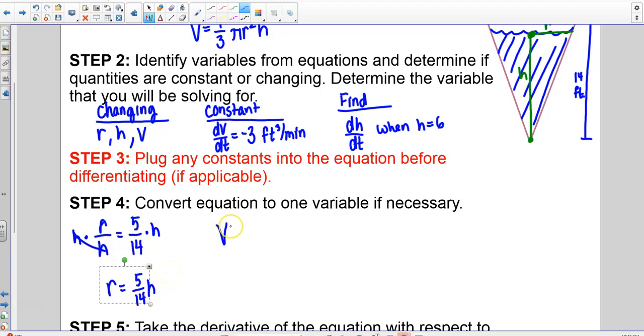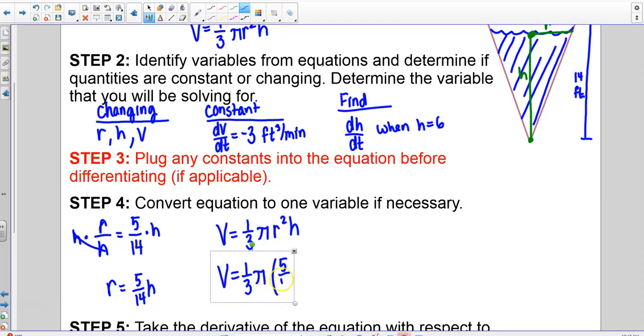And so in this formula, V equals 1/3 pi r squared times h, I'm going to replace my r with 5 over 14 h squared. And I'm going to multiply that by h.